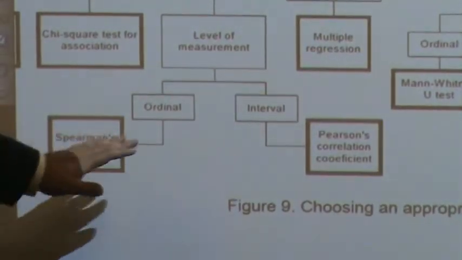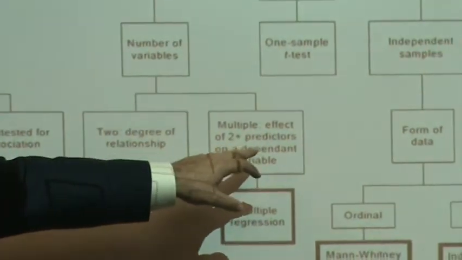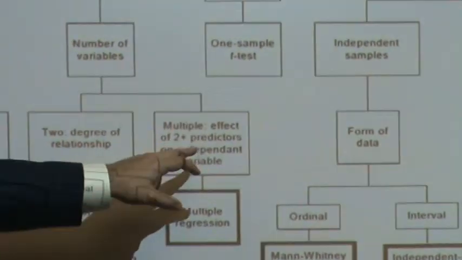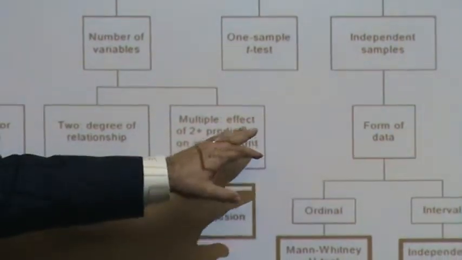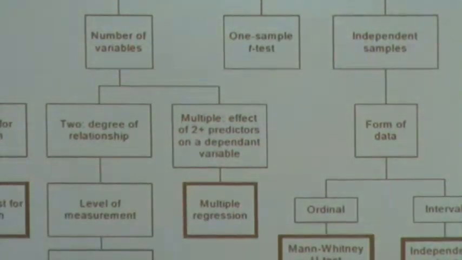All right, now go back up this decision tree and over to the idea of having multiple variables, where you want to find out the effect of two or more predictors on one dependent variable.